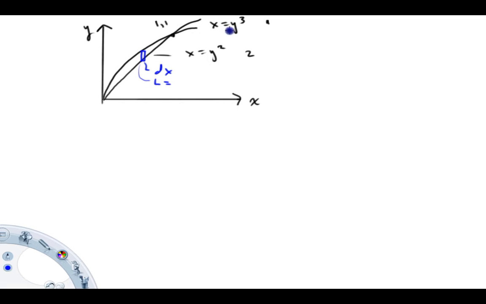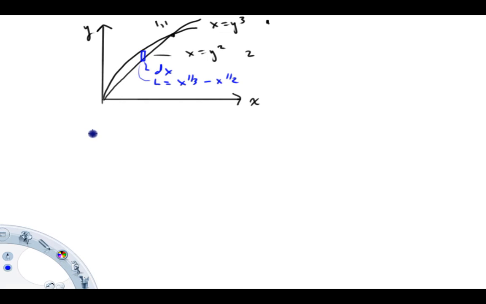Now the top y value from this equation right here is equal to x to the 1/3. And the bottom y value is the square root of x, or x to the 1/2. So the length of this blue rectangle would be x to the 1/3 minus x to the 1/2. You always do the upper curve minus the lower curve.